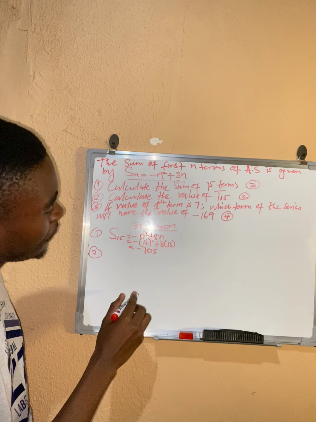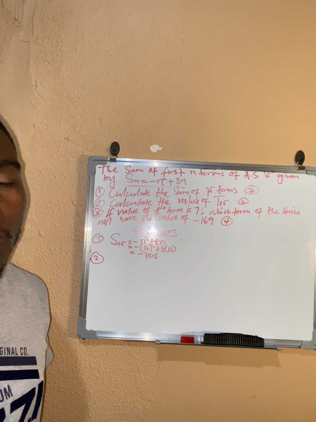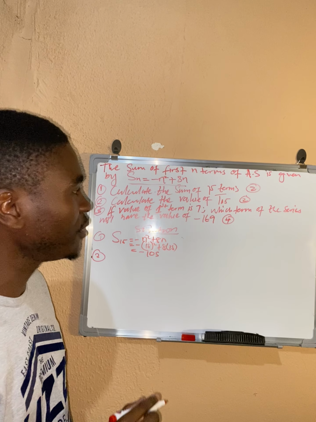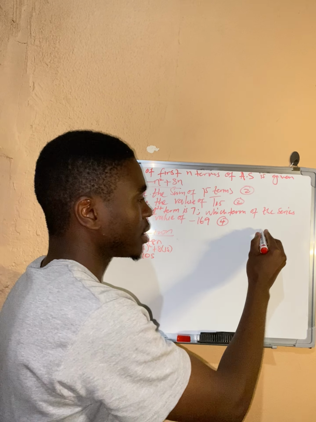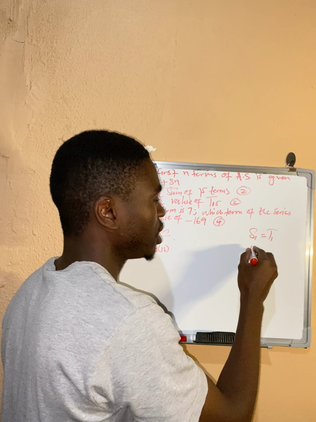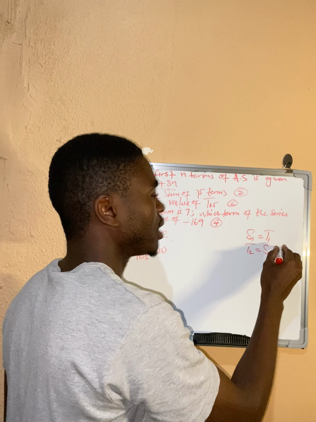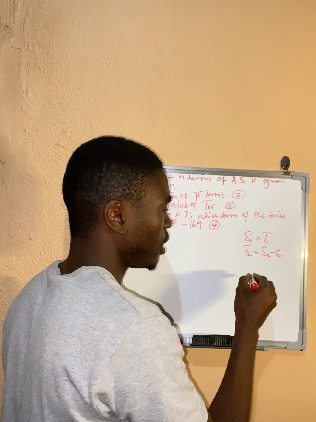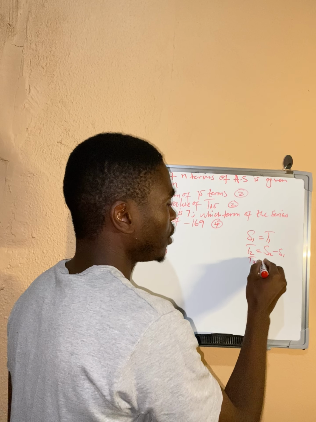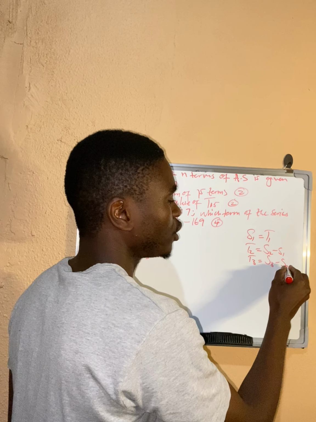Now our second question says calculate the value of T15. How do you find the value of T15? First, we know S_1 is equal to T1. So T2 is equal to S_2 minus S_1, and T3 is going to be S_3 minus S_2.